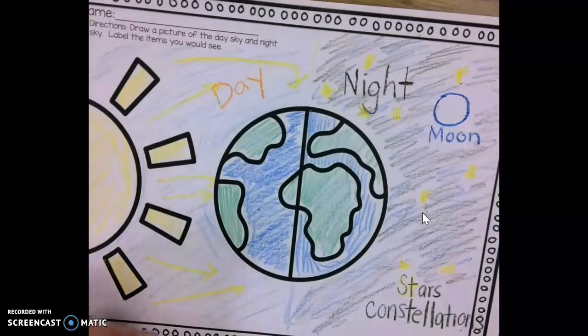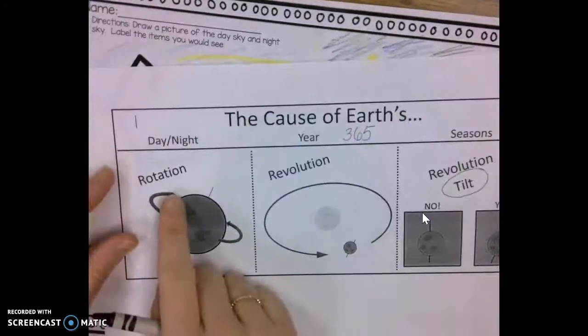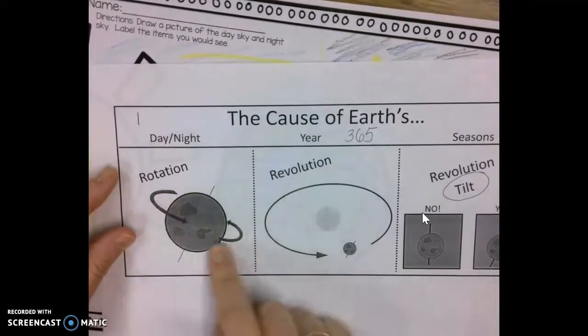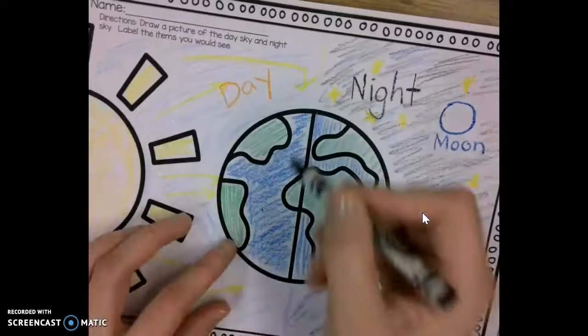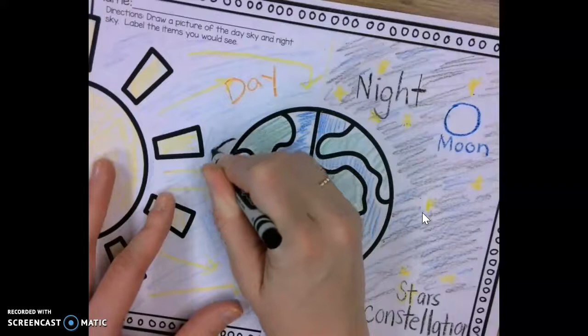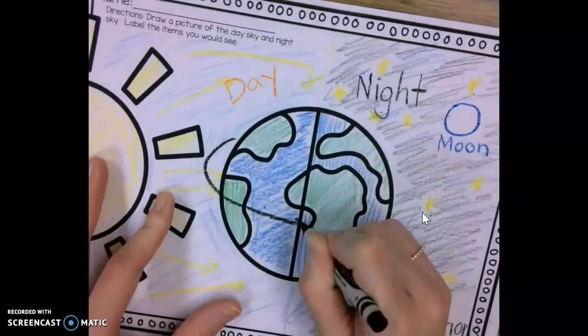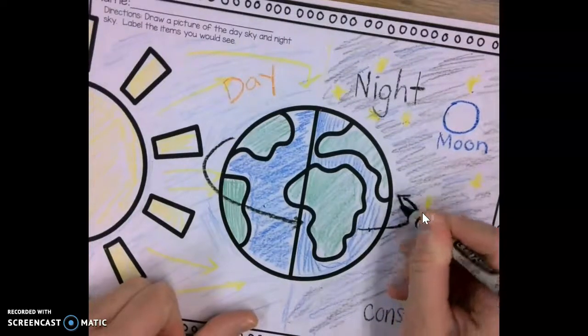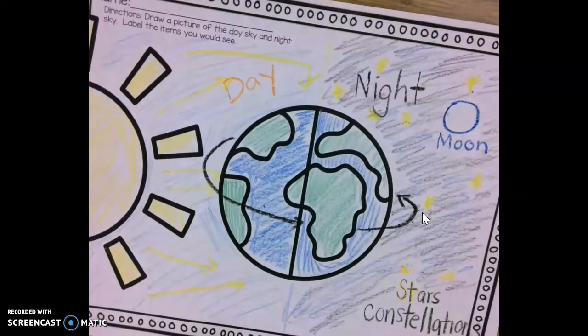Oh, I forgot one more thing. Please get out your black. And I'm going back to our picture that we always go back to. We'll be using this a lot. So this is day and night, one day, and it's turning counterclockwise. So that means if you get your black, you're going to draw an arrow like that, and an arrow like that. It doesn't have to be perfect.